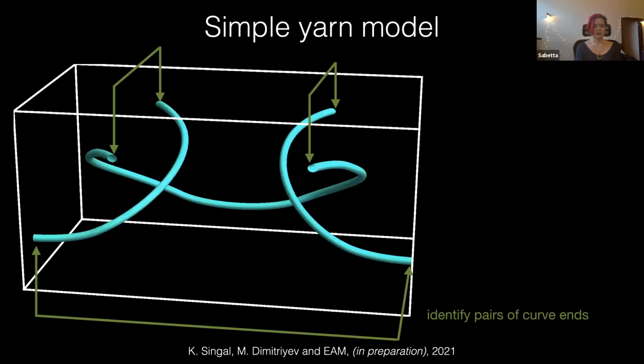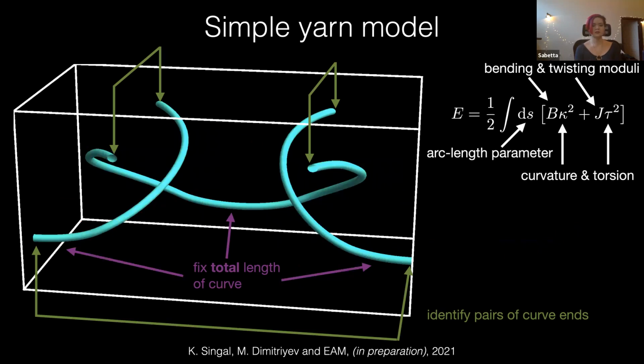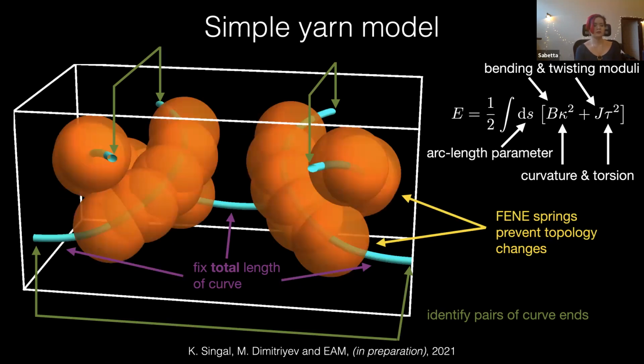Basically he applies forces to either side of the simulation box, and then lets the box change size depending on the energy minimization of the yarn inside it, subject to the constraint that the total yarn length doesn't change.